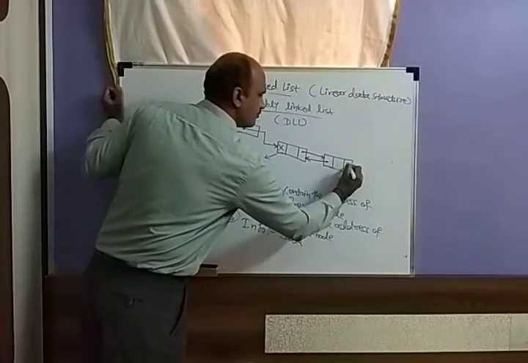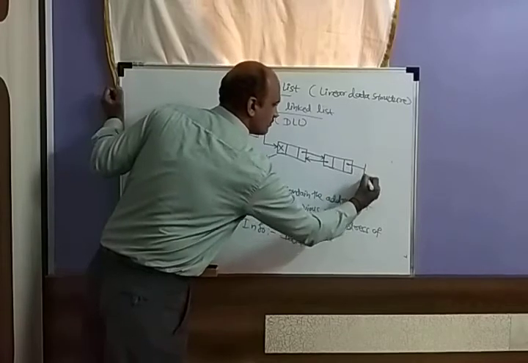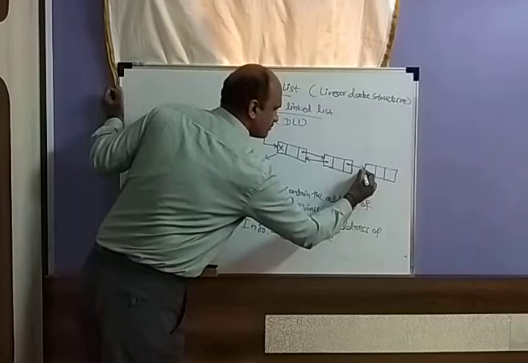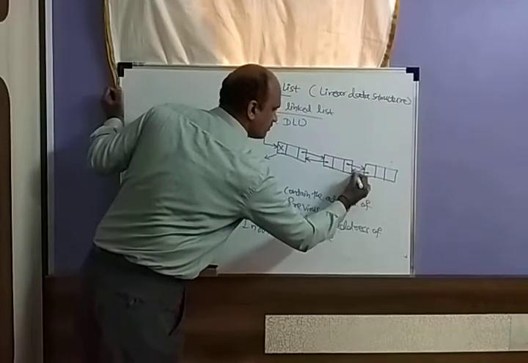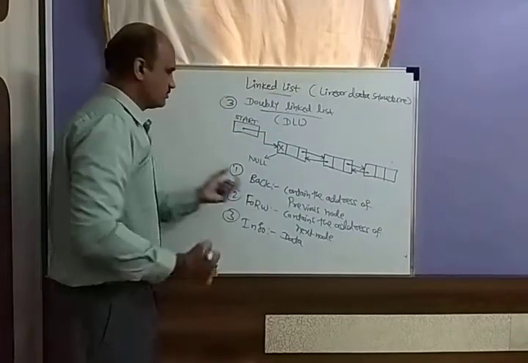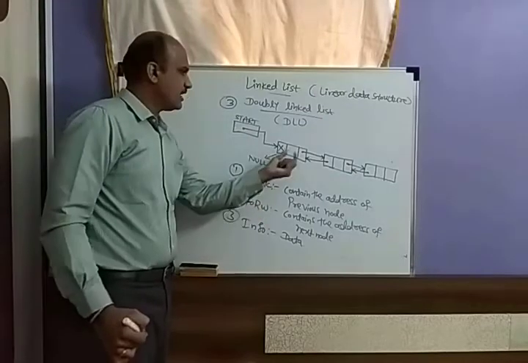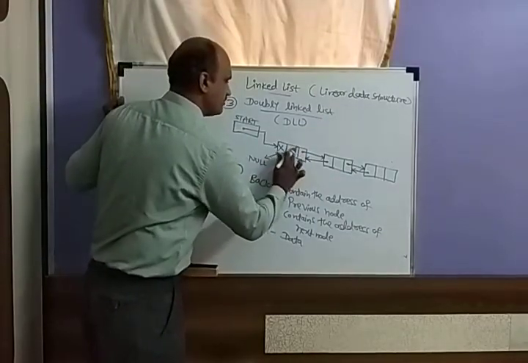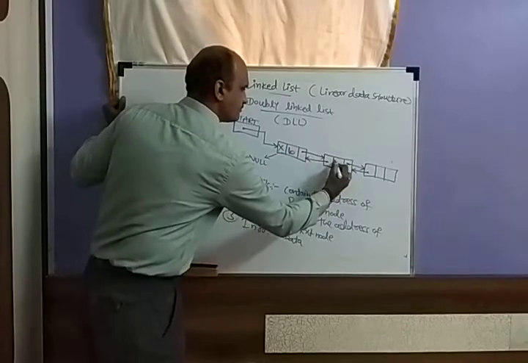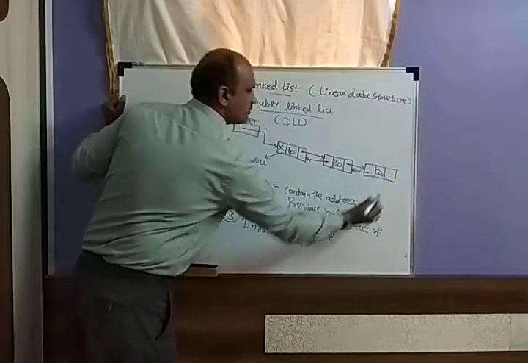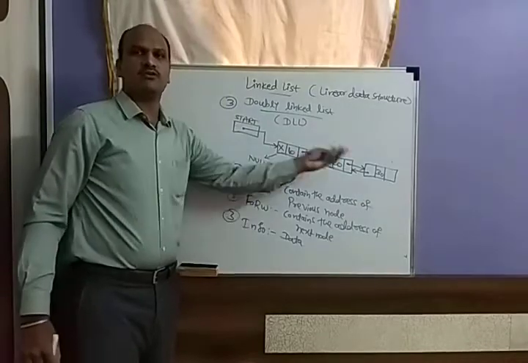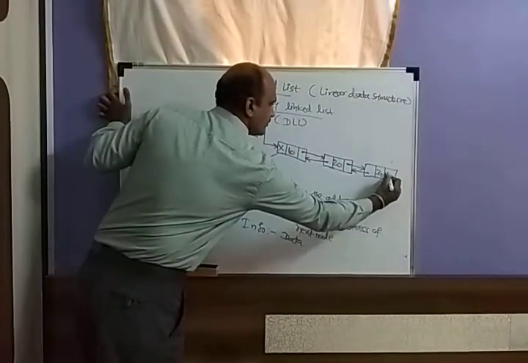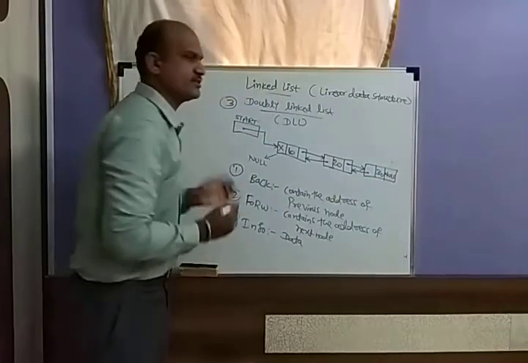For this we again create another node, with back and forward and the information in between. Lastly you can have null, where the linked list finishes.